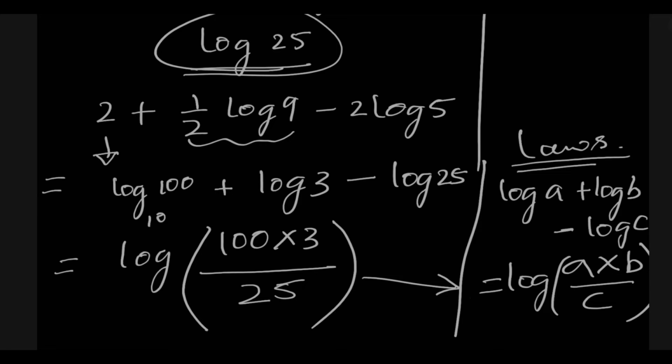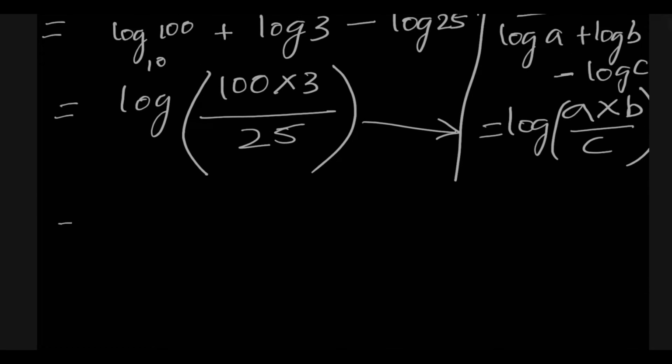So now what does this reduce to? This reduces to log 12 to the base 10. Of course, when I don't mention any base here, it means that it is 10. You can simplify this: 1s are 4, 4 3s are 12.